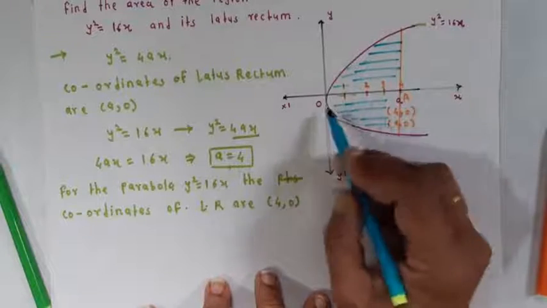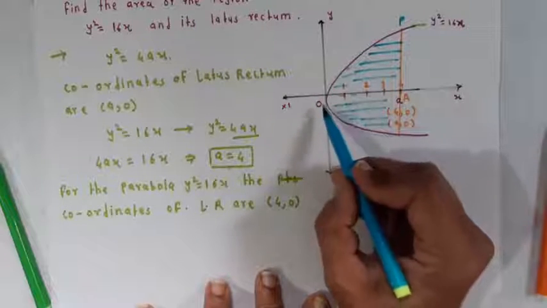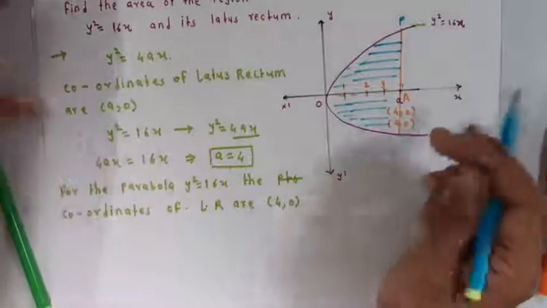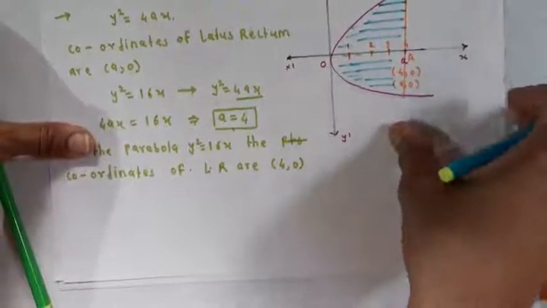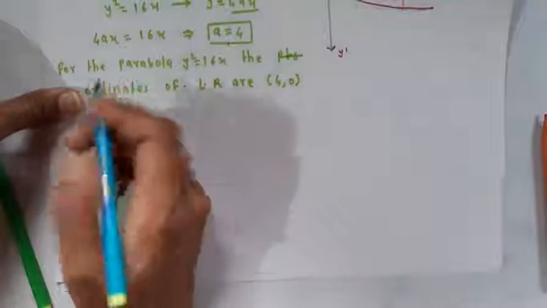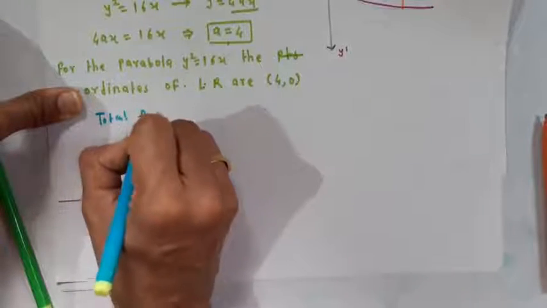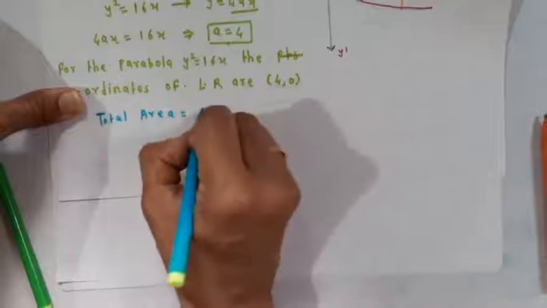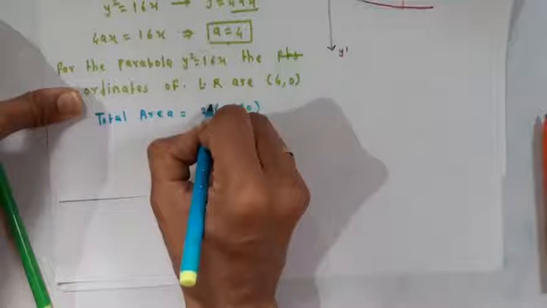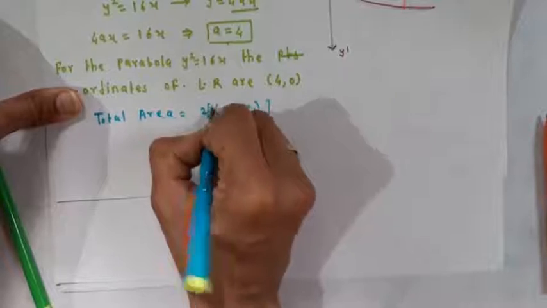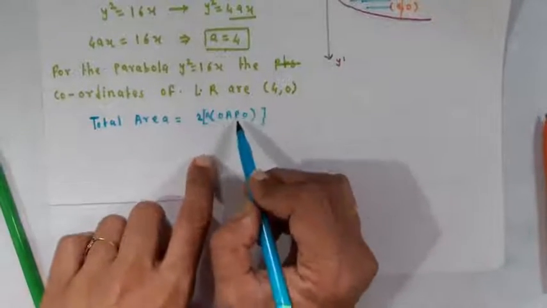So let us first find the area OAPO, and the total area equals 2 times the area OAPO, because by symmetry of the parabola, the total area that we require is 2 times the area OAPO. So let us find the area OAPO.